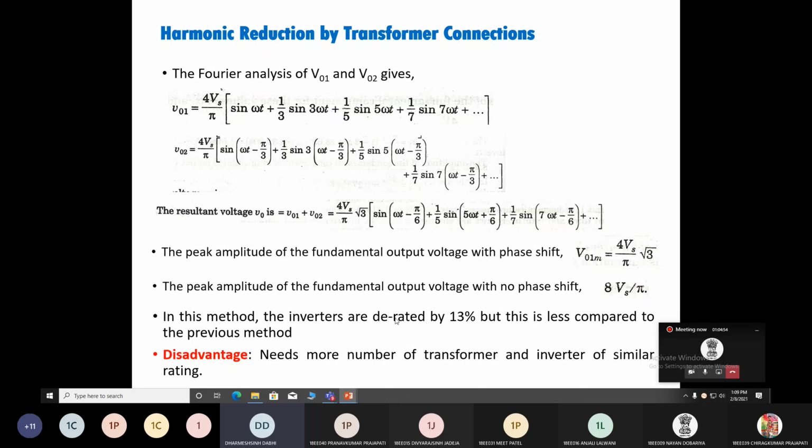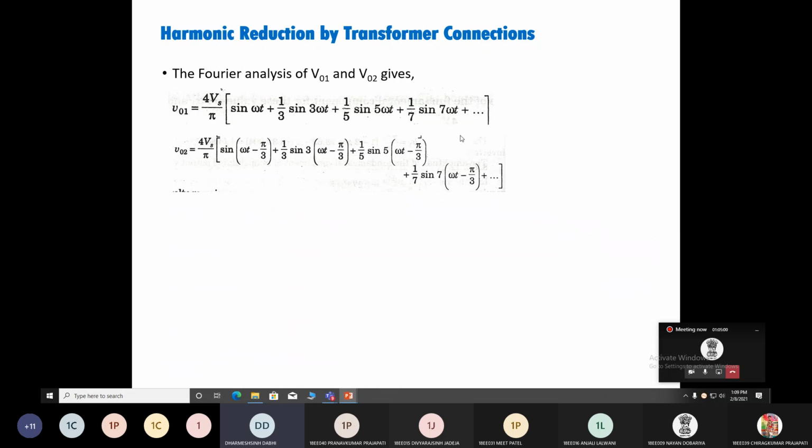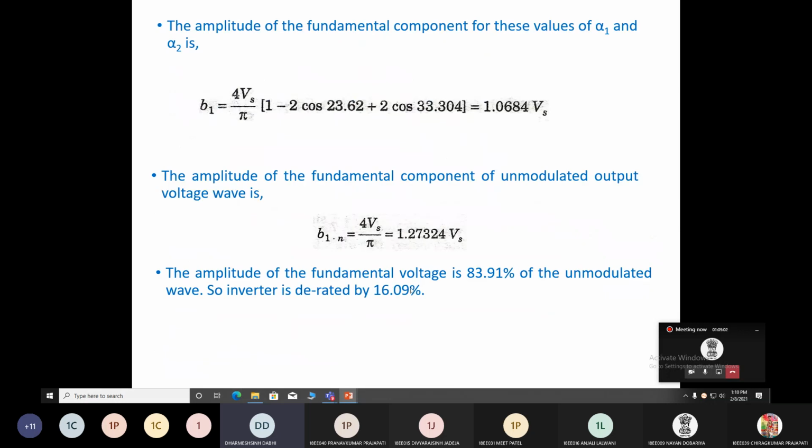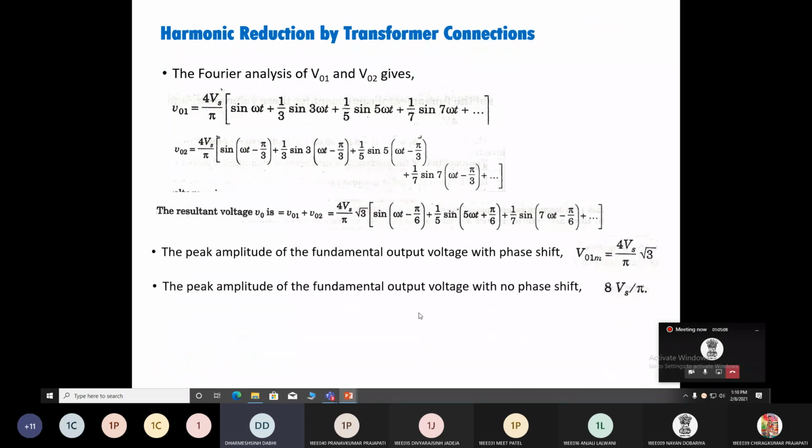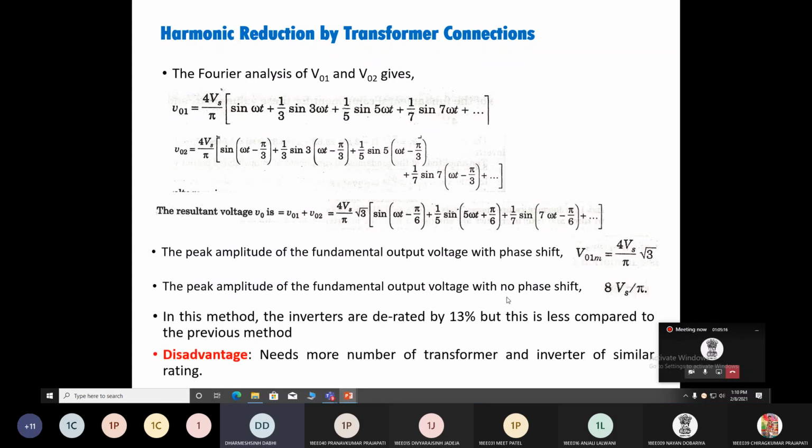So in this case, your inverter is derated by 13%. It is less than the previous case, where your inverter was derated by 16%, and in this case by 13%. So this method is better as compared to the previous one, better in terms of efficiency of the inverter. In this case, you get high efficiency.